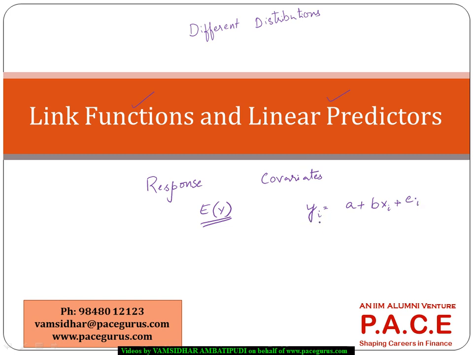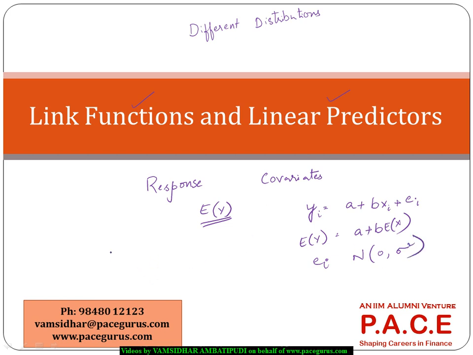Now if I look at this, what is the expected value of y here? It is nothing but a plus b times the expected value of x. And ei is the error term, which is normally distributed with a mean 0 and variance equal to sigma squared.